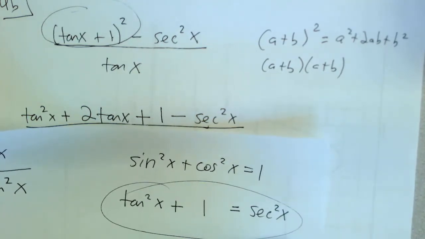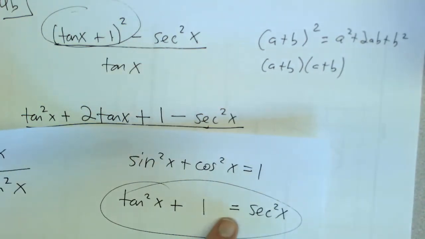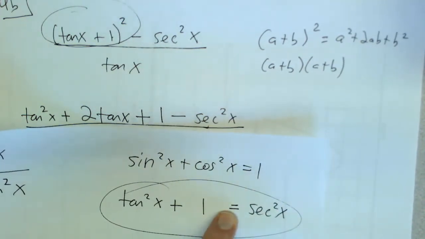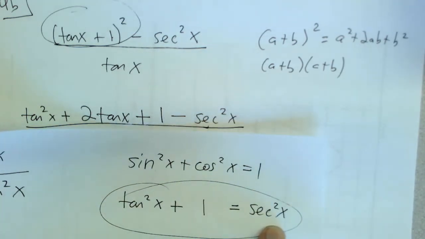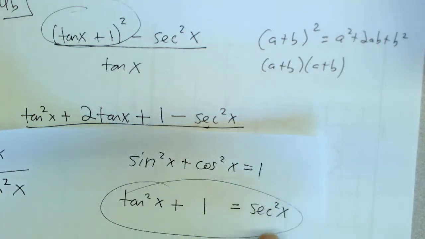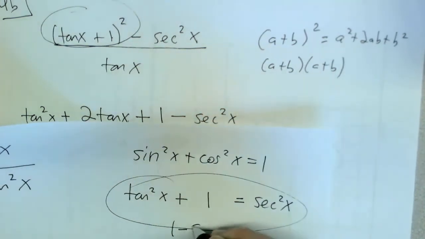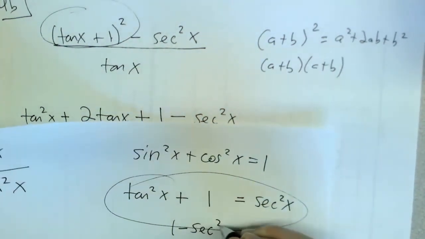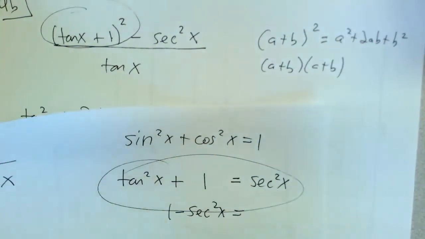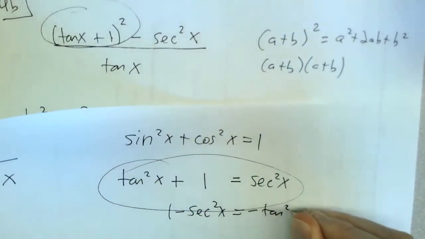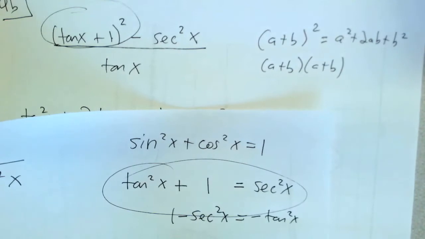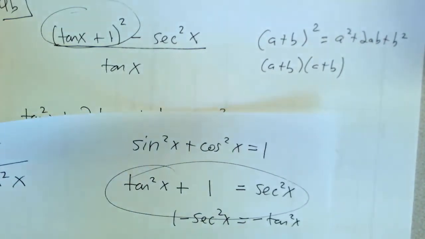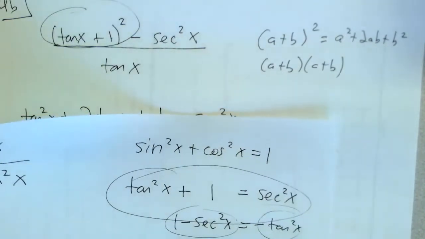Subtract secant squared from both sides, and then subtract tangent squared from both sides. On the left-hand side, you'll have 1 minus secant squared, and on the right-hand side, you'll have negative tangent squared.